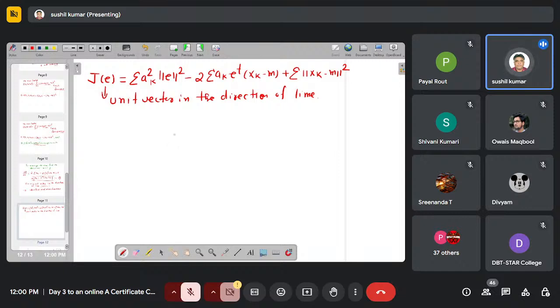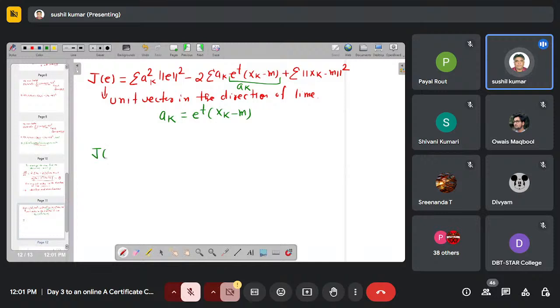Okay, so what I will do here, please take care at this place. A_k, you know very well. What is this? In the last I have given the proof: e transpose (x_k minus m). So this term here is a_k actually. So I will replace it.